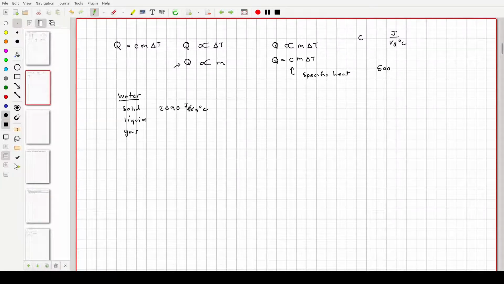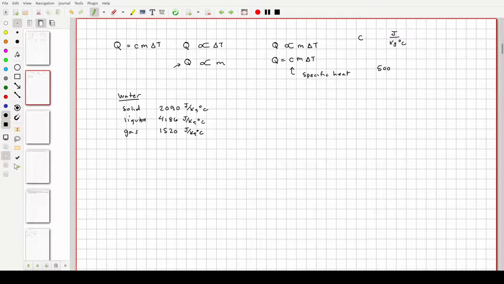So if I want to raise a block of ice's temperature by 1 degree Celsius, 1 kilogram of it, I need to add this much energy. Now, compare this with liquid water: 4,186 joules per kilogram degrees Celsius. Steam, or gaseous water, is somewhere around 1,520 joules per kilogram degrees Celsius.